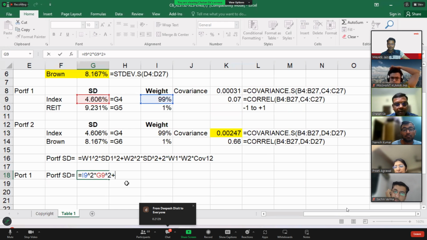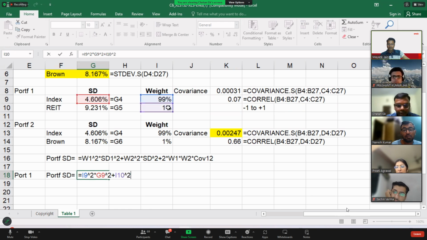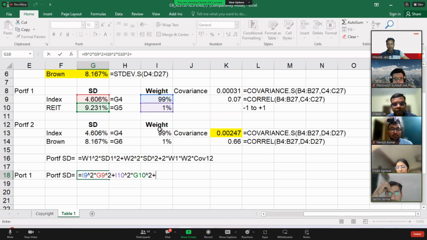So next is W2, right? W2 is this one. Square multiplied by standard deviation 2 square, right? Until this, if it is clear. Yes. Do it with me. Plus 2 multiplied by W1 is this, multiplied by W2 is this, multiplied by covariance.